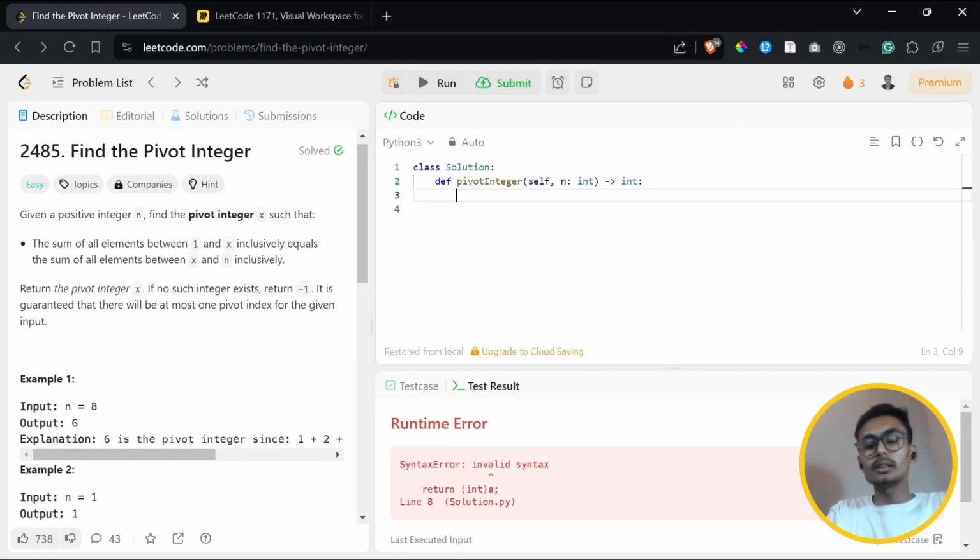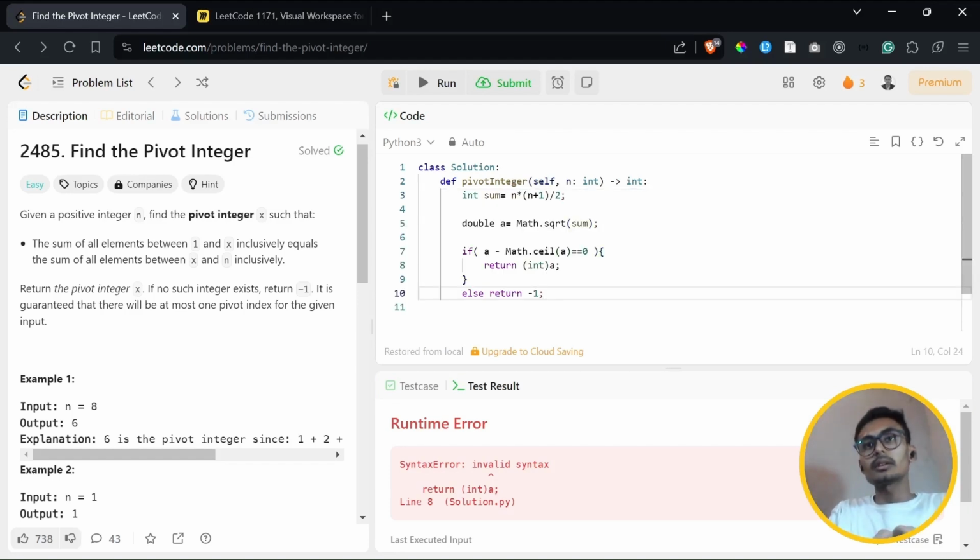Let's quickly code it in Python as well. I copied the Java code, and I will make the necessary changes here. Double A is not required, and math is small m. Math.ceil, m is small.